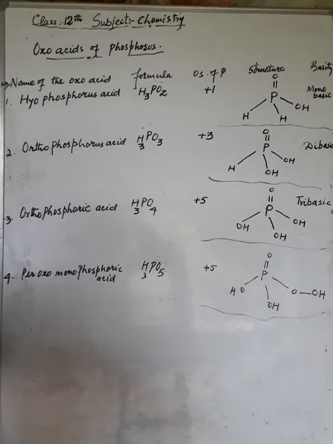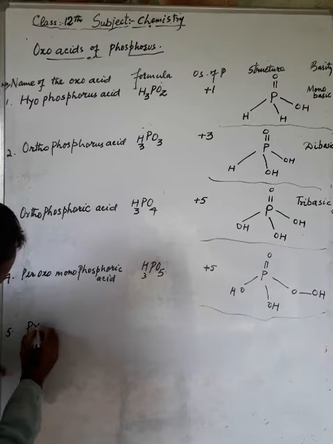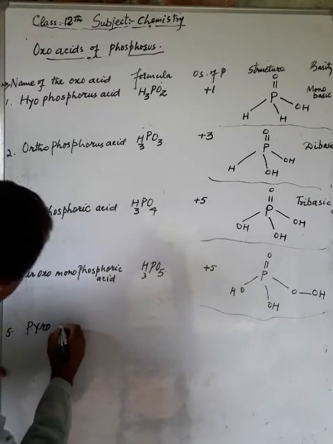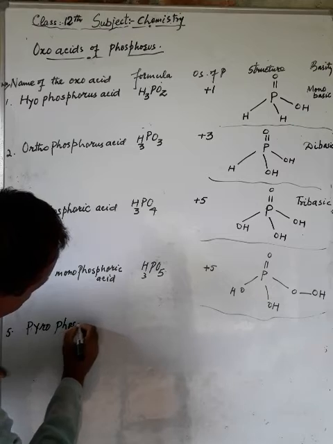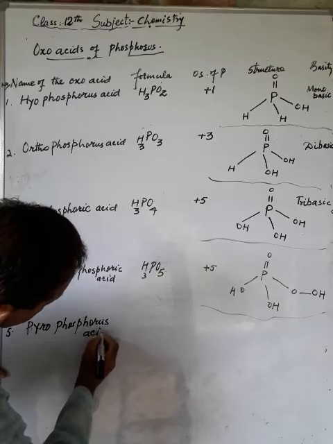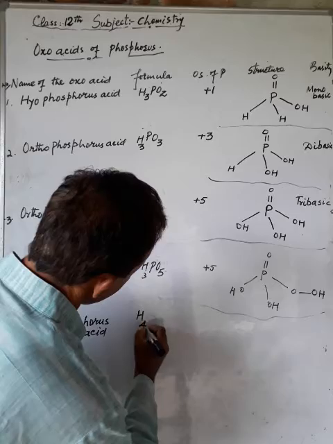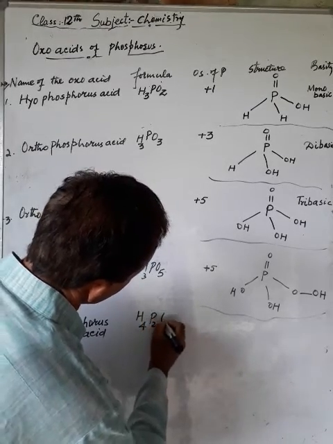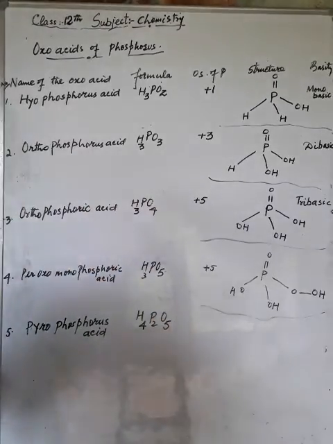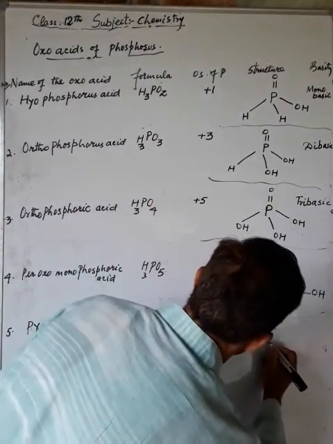And number 5, we have pyrophosphorus acid. It is H4P2O5. Again, first we will write the structure.